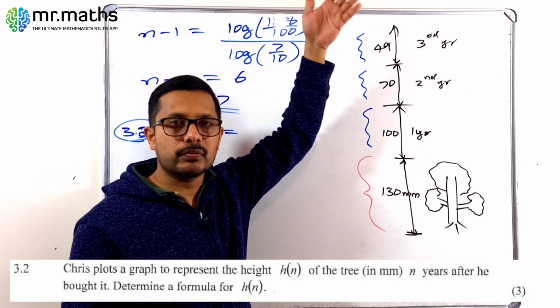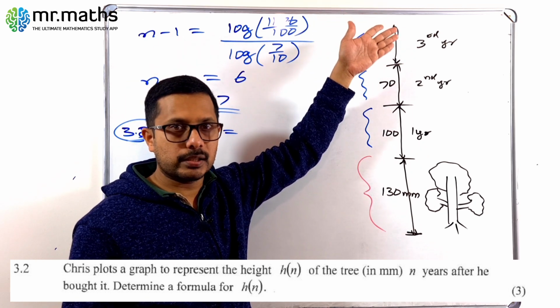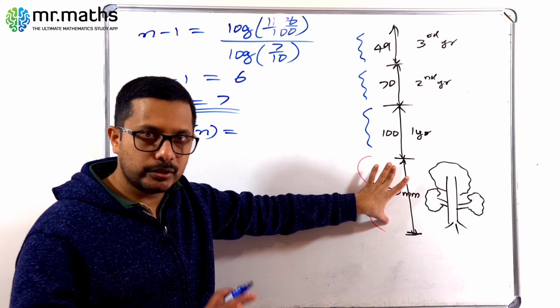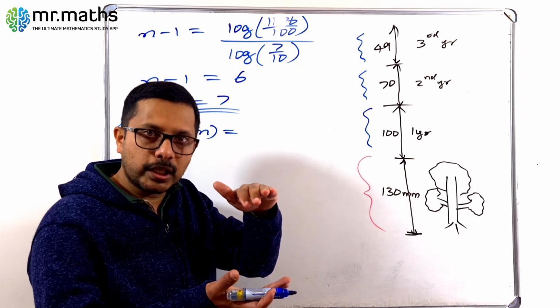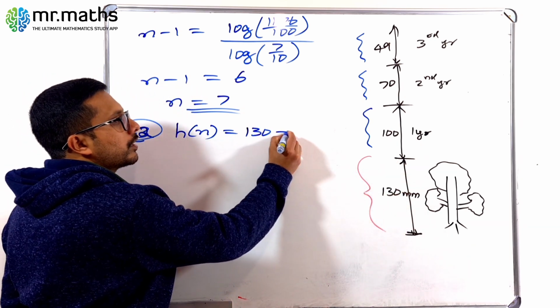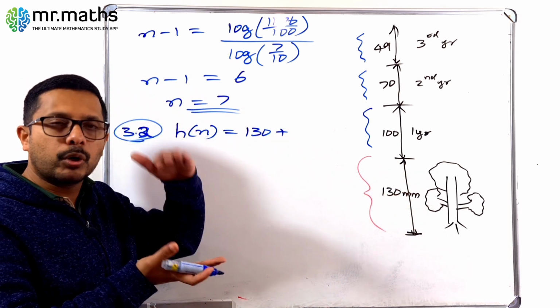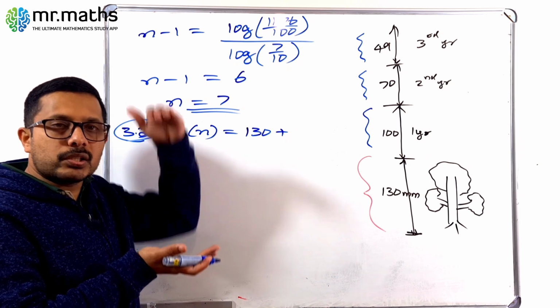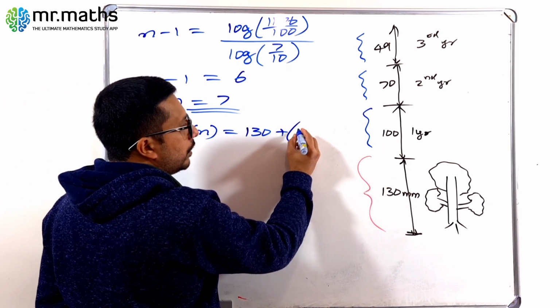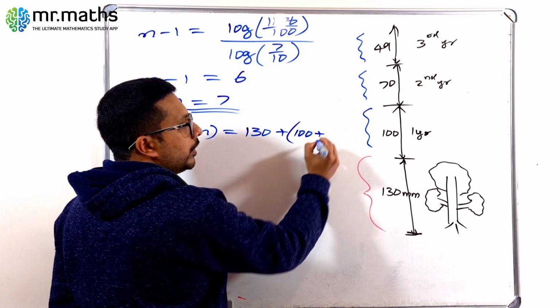n years after, what is the height? That is the question. When he bought it, it's 130. Do you agree? When he bought that bonsai, it was 130. That means that 130 height is fixed there. When he bought that one, that was the height. Next year, what is the height? The height increased 100 millimeters.